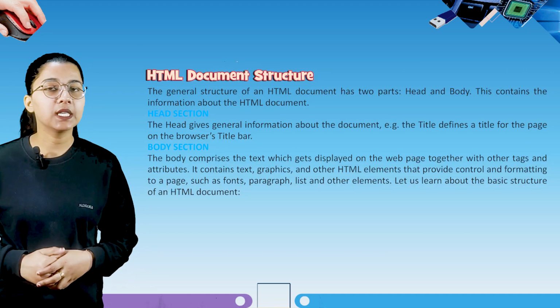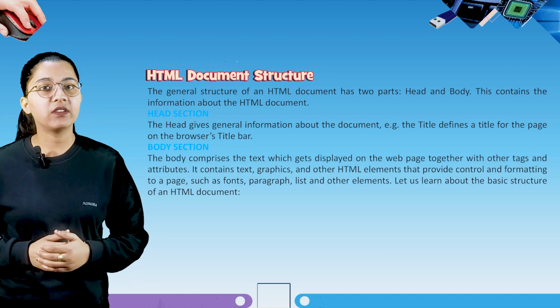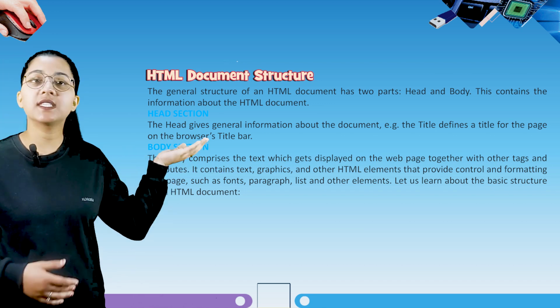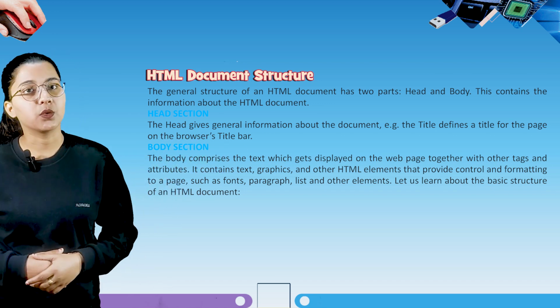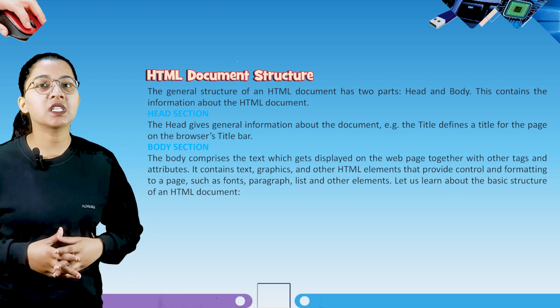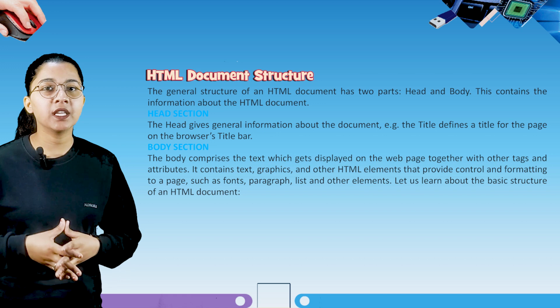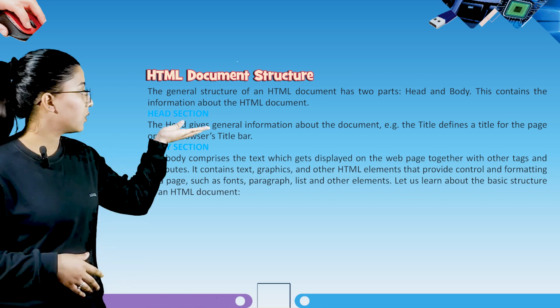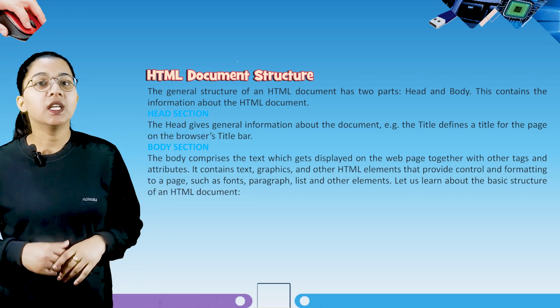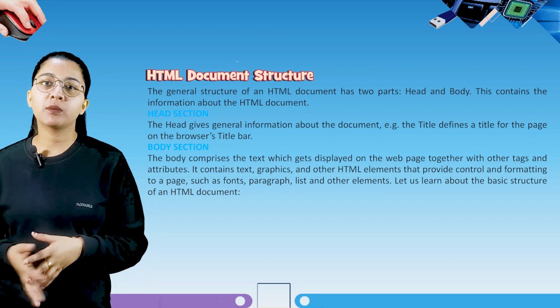Now students, after rules we have our next topic, that is HTML document structure. So the general structure of an HTML document has two parts, head and body. This contains the information about the HTML document. So let's read first head section. The head gives general information about the document.